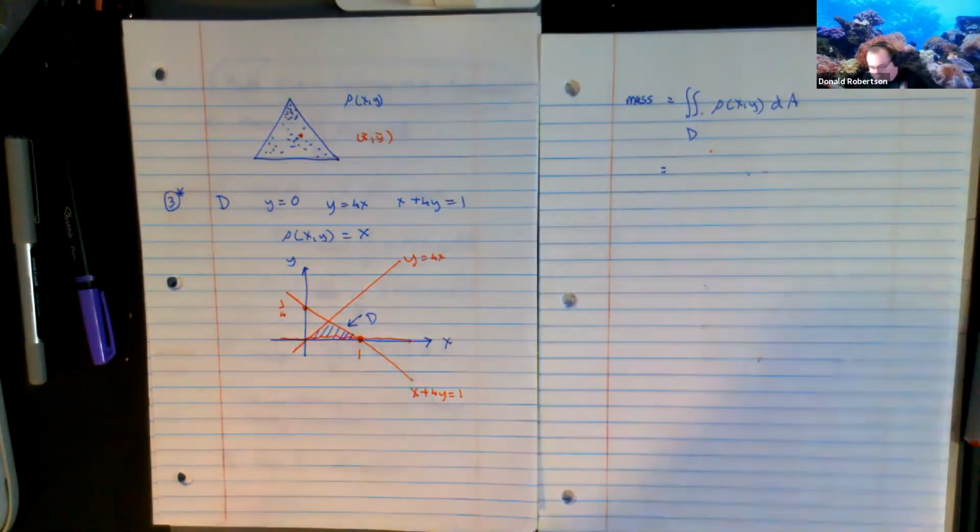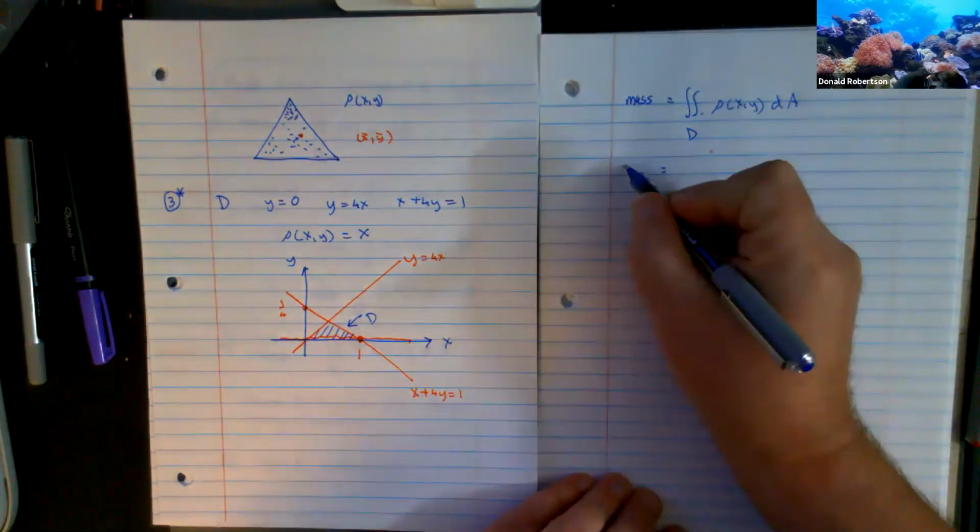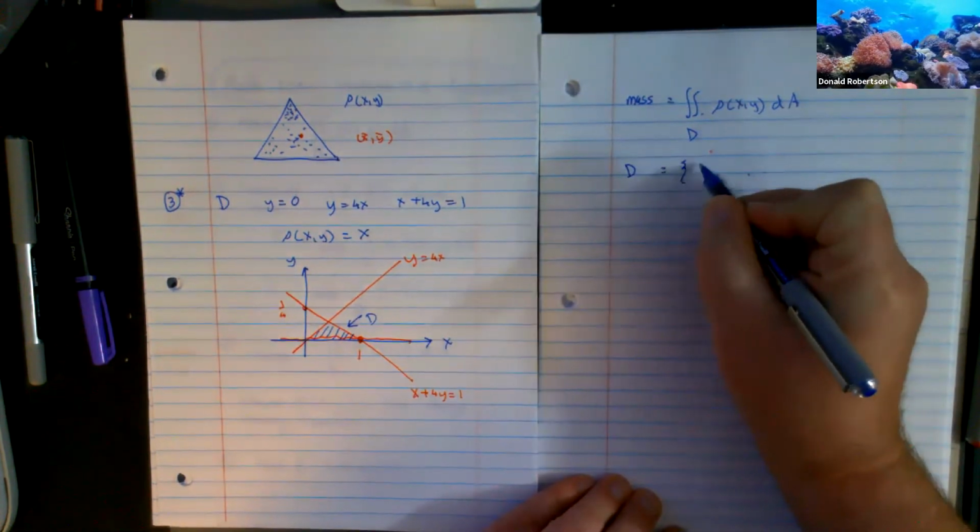This is non-rectangular. So I'm not going to do x equals 1 to 2, y equals 2 to 4, right? It's not rectangular, it's clearly diagonal. And it's not polar. So you know that's the guy in the middle, right? Now, when you do a shape like this, we have to describe what D is in terms of x and y.